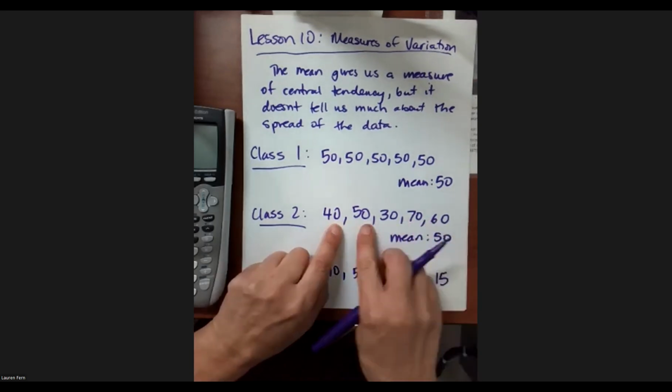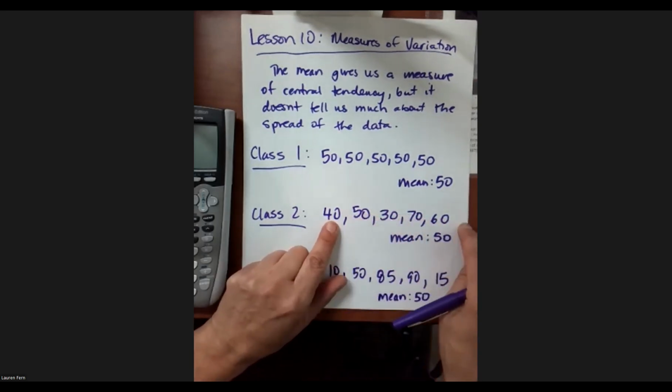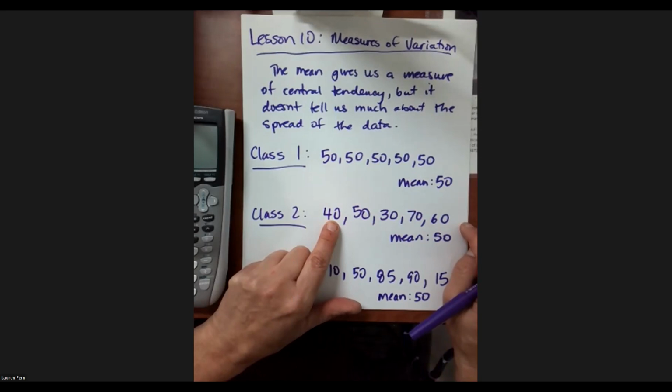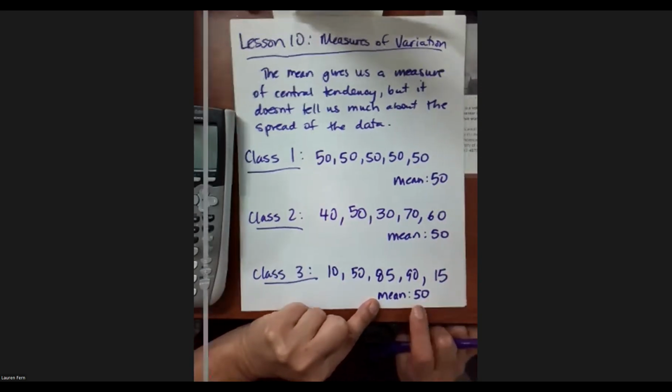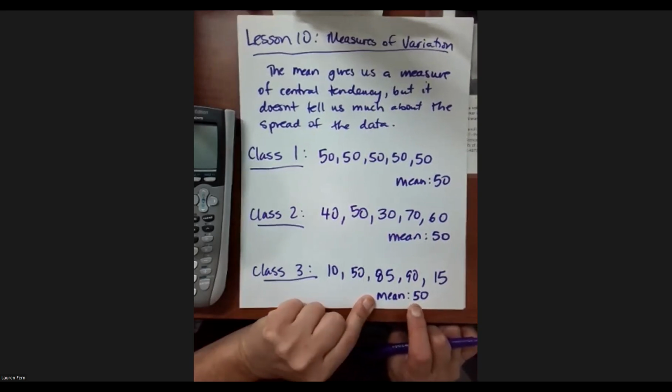Notice my data values are a little more spread out, but they're not that spread out. But in this class, does the fact that my class average was 50 really tell me much about my individual students? No, I claim not at all.